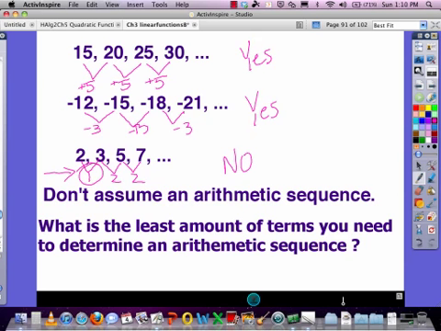I think we need minimally 3, because we have to determine what the difference is. If we just had 2, we were just determining the difference. If we had 3, we could determine that the next term is that same difference if they are arithmetic. A third one would sort of guarantee it. So minimally, 3 terms is what we need to determine whether we have an arithmetic sequence.